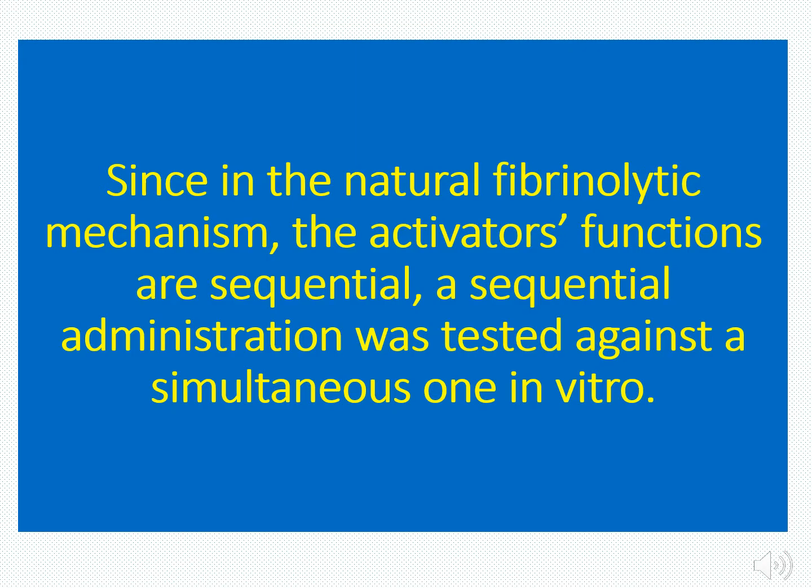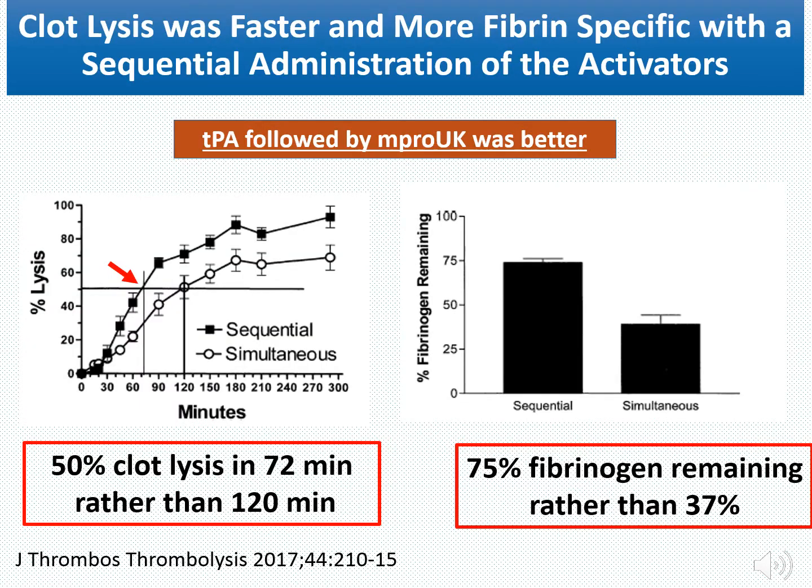Since in the natural fibrinolytic paradigm, the activator's function is sequential, a sequential administration was compared with a simultaneous one in vitro. Clot lysis was faster and more fibrin-specific with a sequential administration of the activators than a simultaneous one.